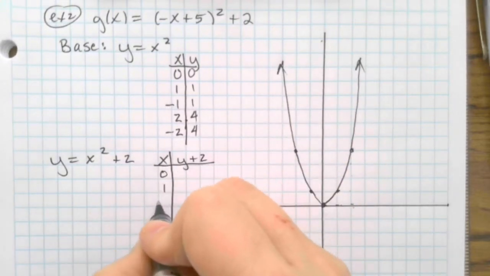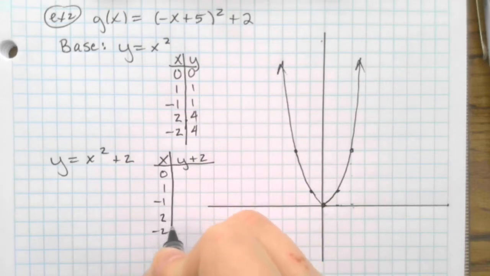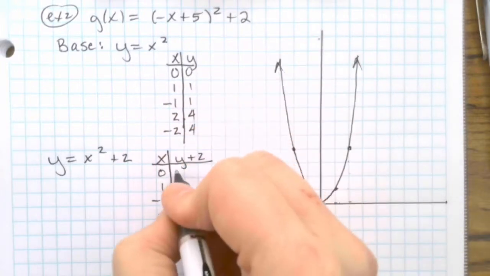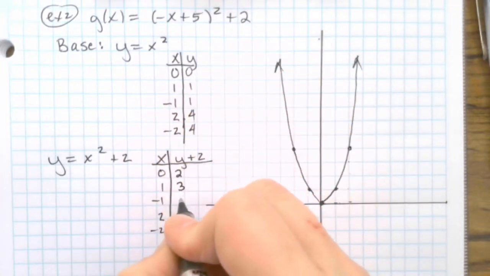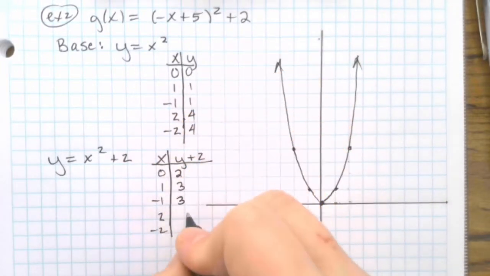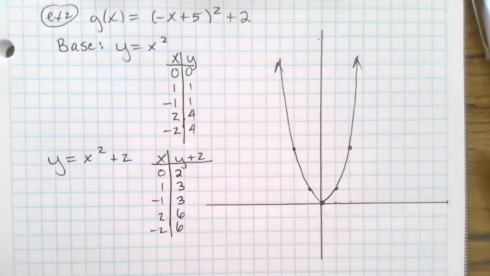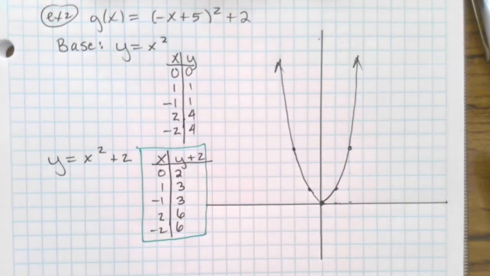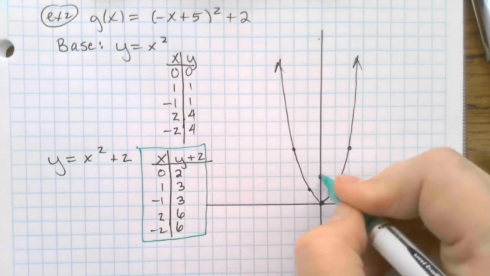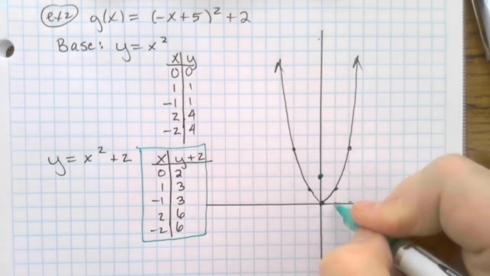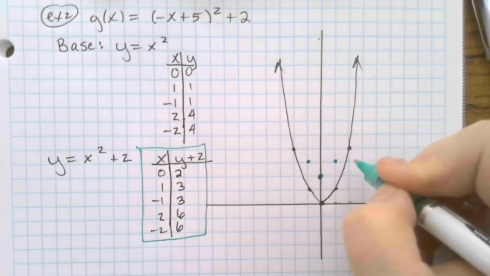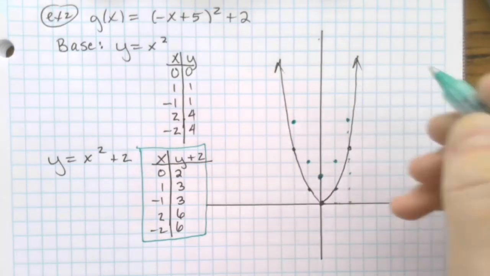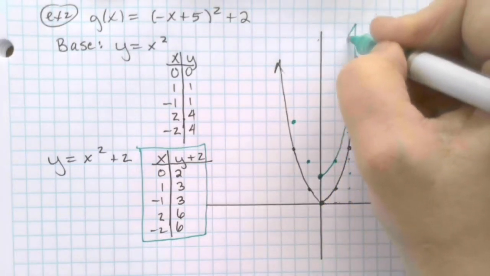So the x's, 0, 1, -1, 2, and -2, do not change, but the y coordinates do. 0 plus 2 is 2, 1 plus 2 is 3, 3 again, 4 plus 2 is 6, 6 again. All right, this is going to be our green graph. So (0, 2), (1, 3), (-1, 3), and then (2, 6) and (-2, 6).